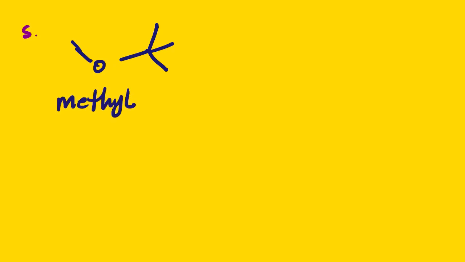Let us look at our last example. Let us complicate it further. So let's say we have this. This is our substituent, the small group, so it's our methyl.